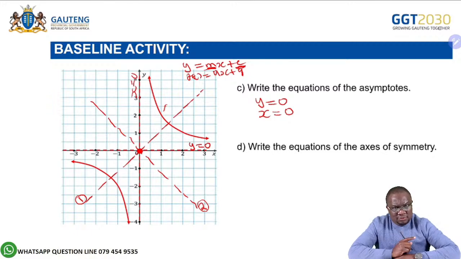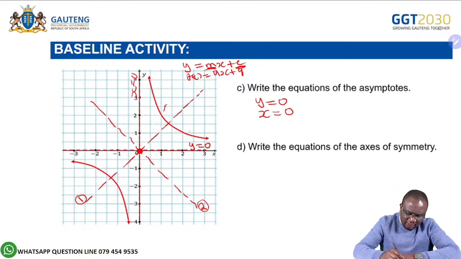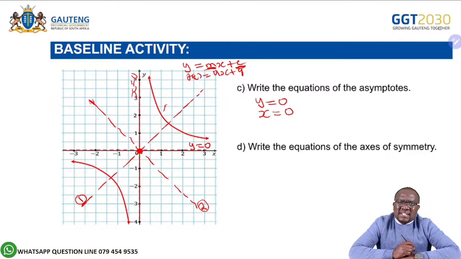Then these two lines, the increasing function, the gradient is positive 1. It does not change, learners. It does not change. This one, the gradient is 1. And then the decreasing one, which is number 2, the gradient is negative 1.